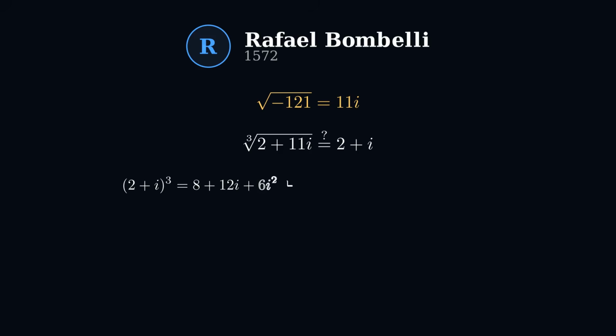Raphael Bombelli chose the second path in 1572. He set the square root of negative 121 equal to 11i, guessed that the cube root of 2 plus 11i might equal 2 plus i, and simply checked it by cubing. 2 plus i cubed equals 8 plus 12i plus 6i squared plus i cubed, which equals 8 plus 12i minus 6 minus i, which equals 2 plus 11i.